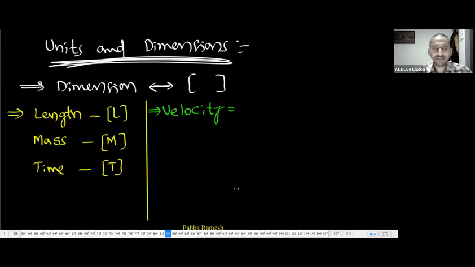What is this? Mass into acceleration is force. That's why I told you. Yeah, many people generally do the mistake. No need to worry. U plus AT. I'm asking formula.